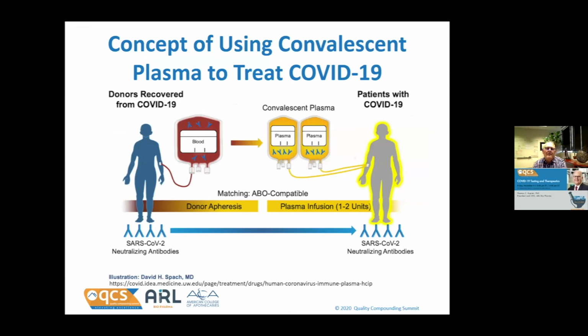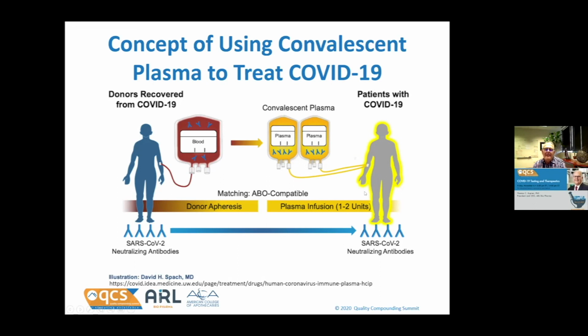So the basic concept of convalescent plasma to treat COVID-19 is you're taking blood from donors who have actually recovered from COVID-19, so you have the donor apheresis. Of course, you're matching the ABO blood type to the individual receiving it, and then taking the plasma, which will be the convalescent plasma, and administering it to that patient.